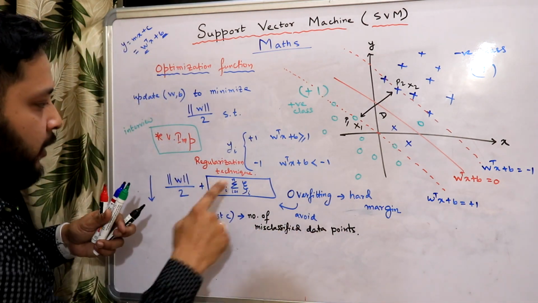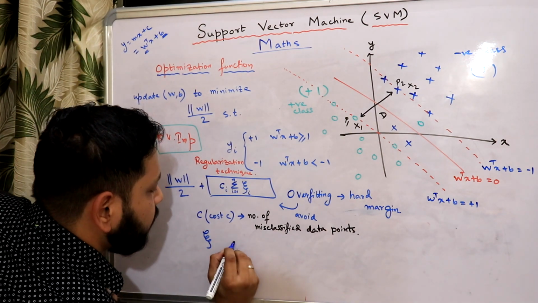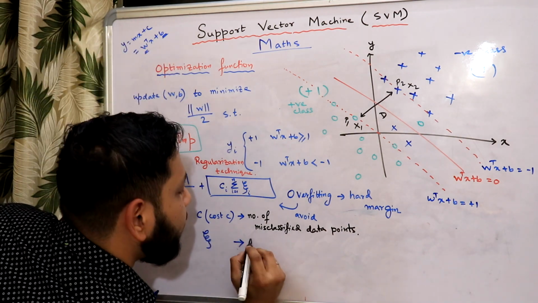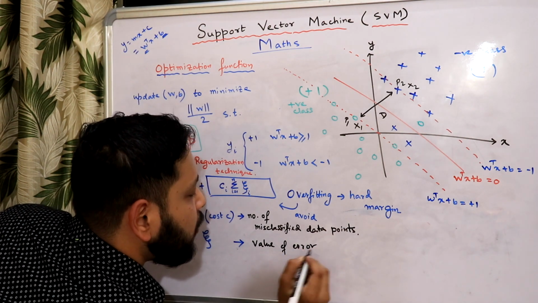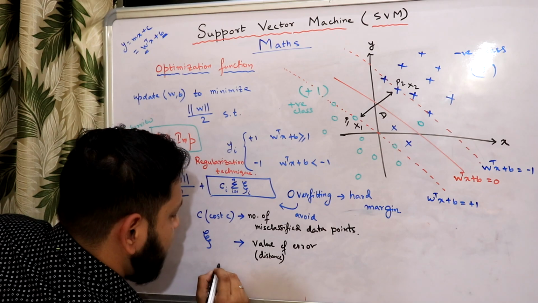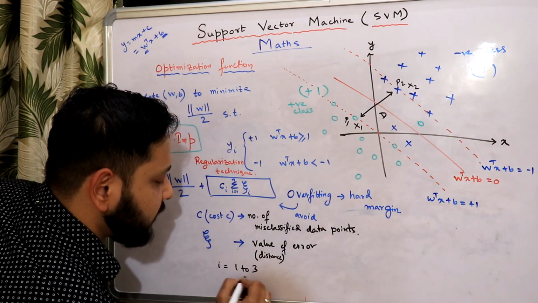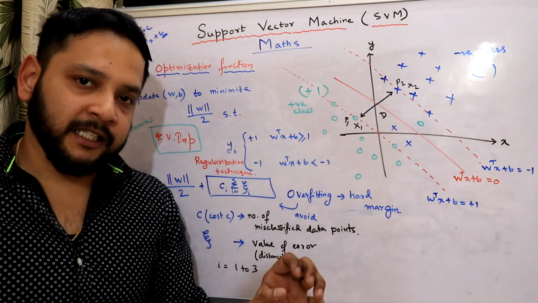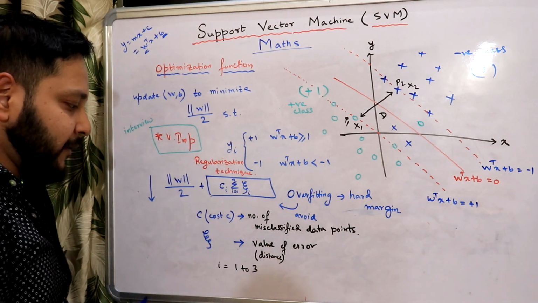Right? And what is this zeta? Zeta is the value of the error. What is this value? The value is actually a distance. And what is i? i runs from 1 to 3 in my case, or from 1 to n. Since there are 3 misclassified points, i is the index of the misclassified points.